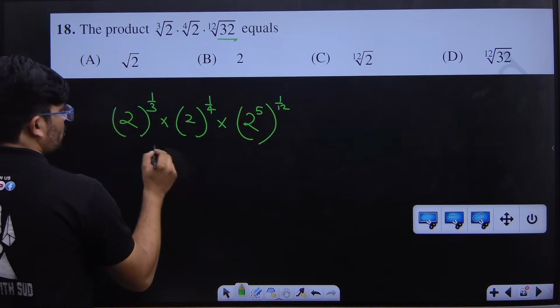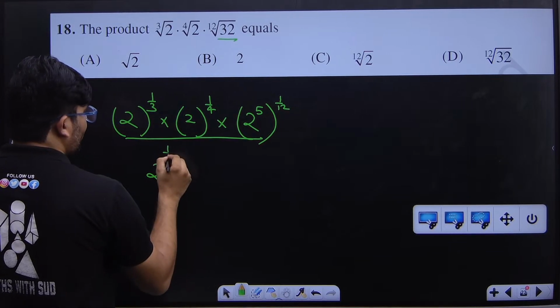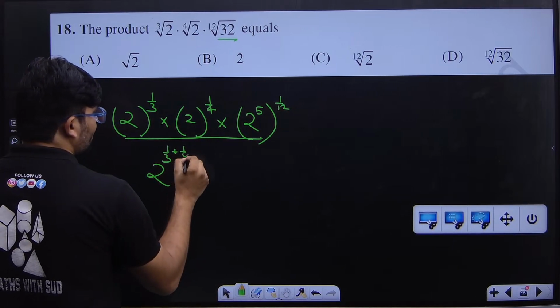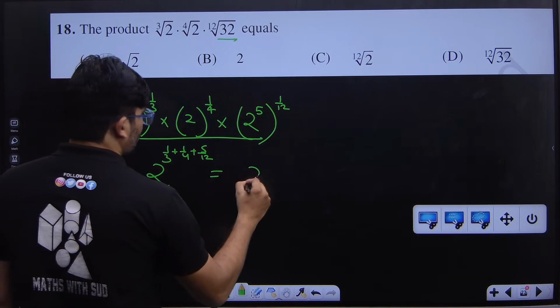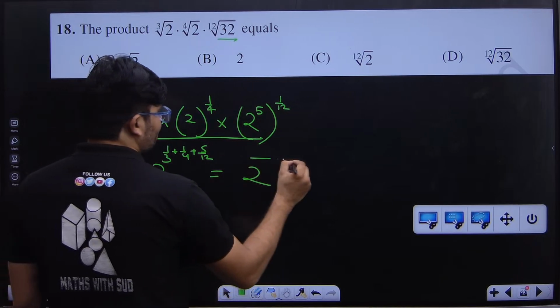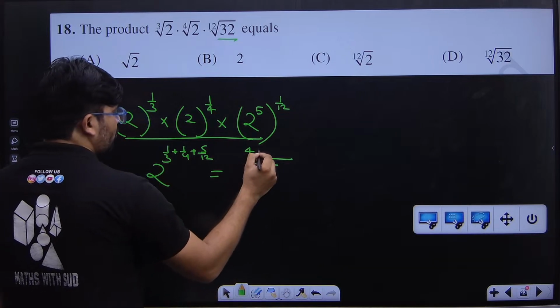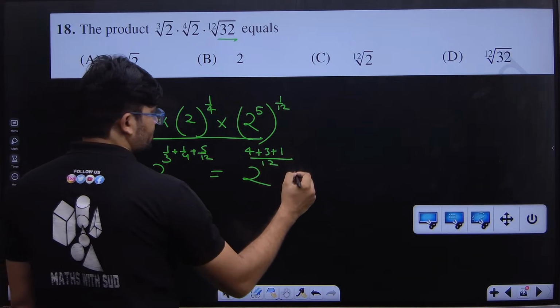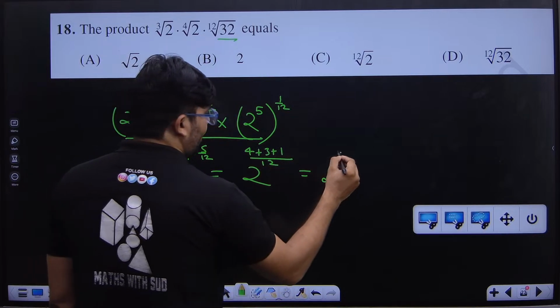If the base is the same, the powers get added up. So 2 to the power 1 by 3 plus 1 by 4 plus 5 by 12. The LCM of the 3 numbers is 12. 3 will go 4 times, 4 will go 3 times, 12 will go 1 time. So it will become 2 to the power 4 plus 3, 7 plus 1, 8 by 12.